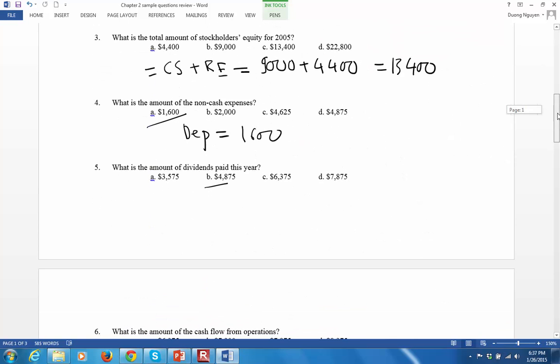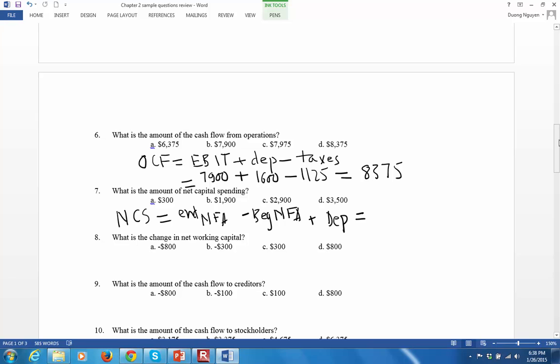So 12,800 minus 10,900 plus depreciation, which is 1,600, and this is equal to 3,500.